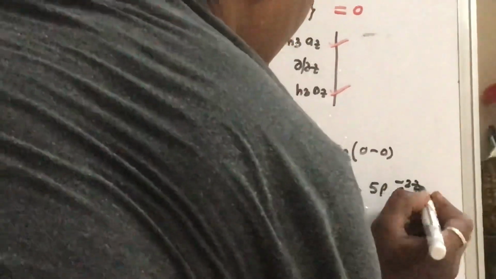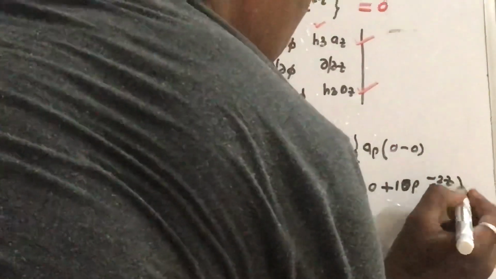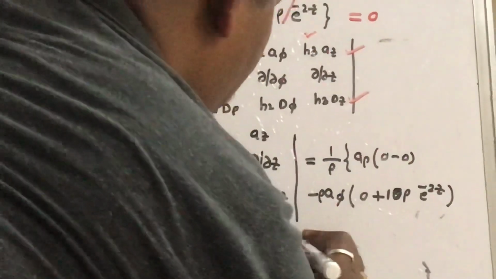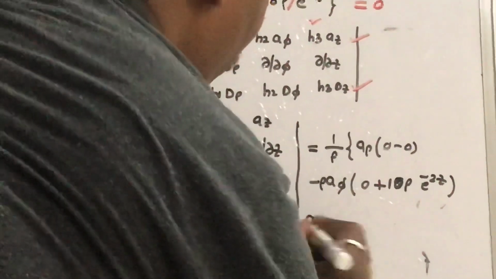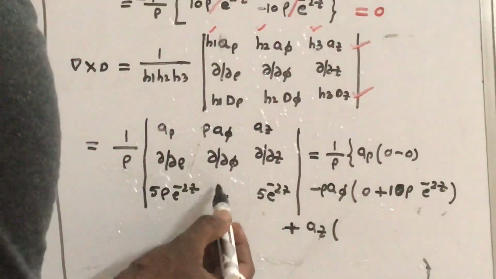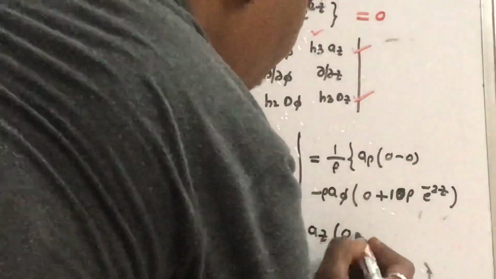E power minus 2z differentiates to e power minus 2z into minus 2. That means it will become 5 into 2, which is 10. Finally, write the last term: az into dou by dou rho of this term is 0, dou by dou phi of this term is 0.